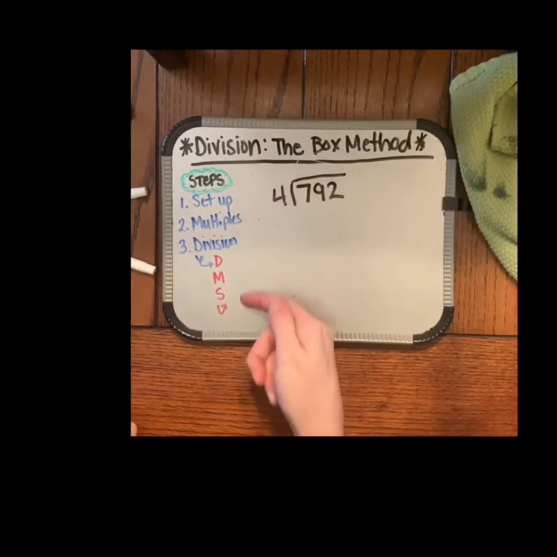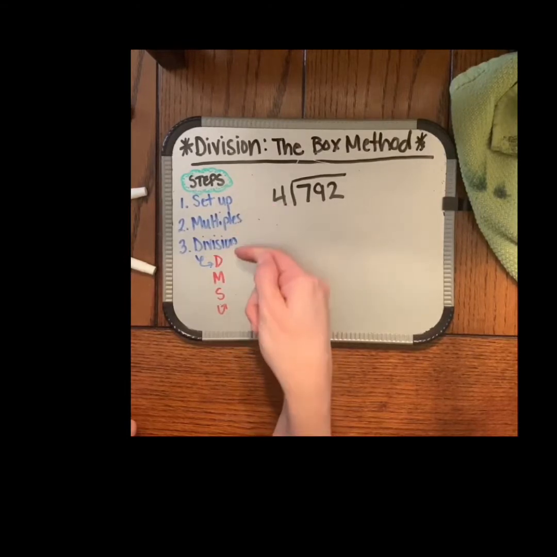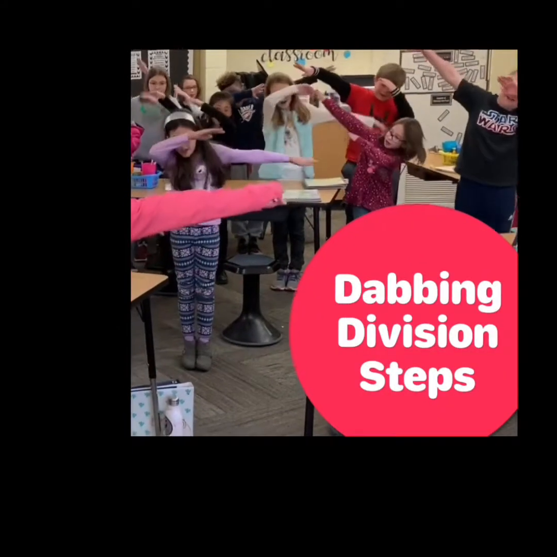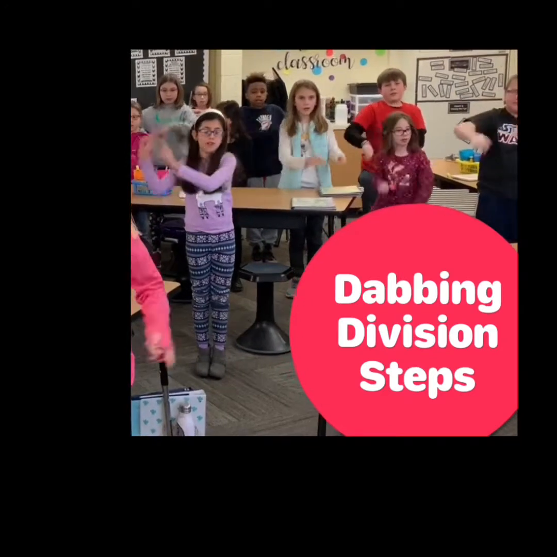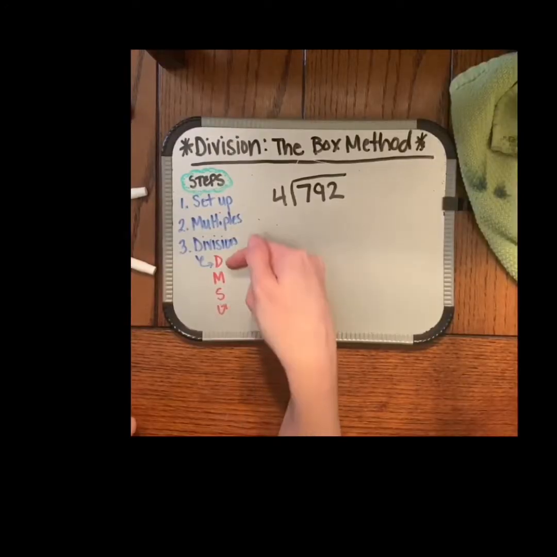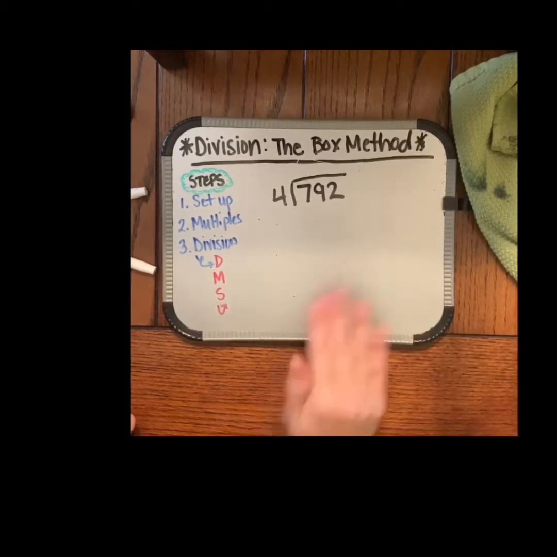So follow these steps. Set up your problem, write out the multiples, then go through the steps of division. Remember the hand motions. Divide, multiply, subtract, bring up. And see what you get, and then unpause the video so that you can see if it matches.